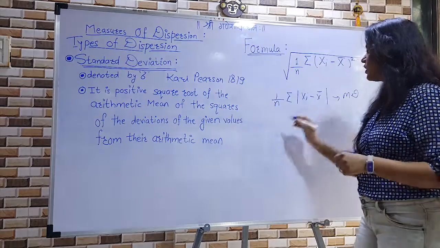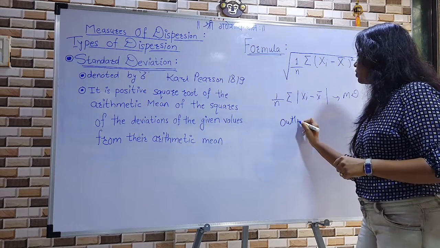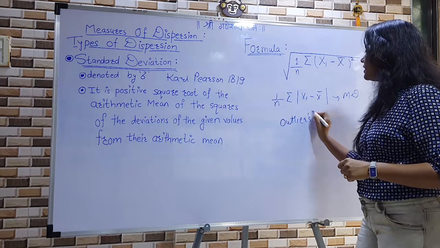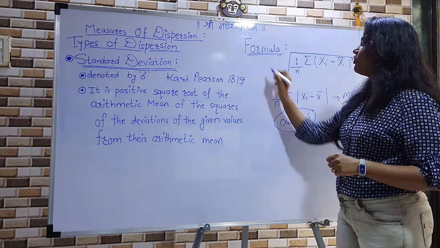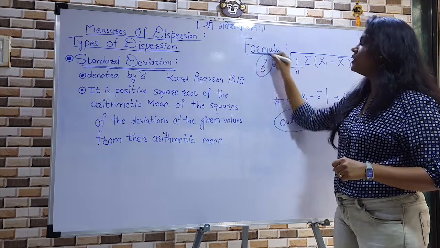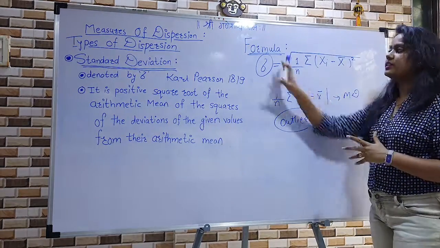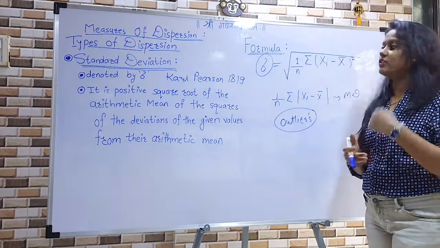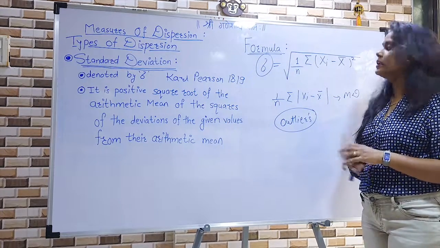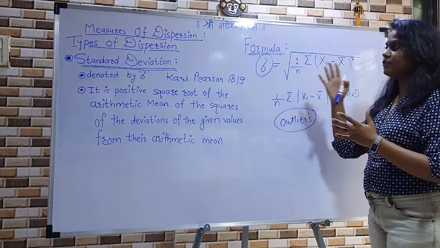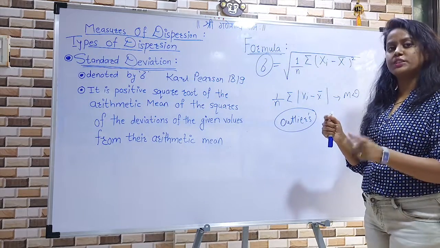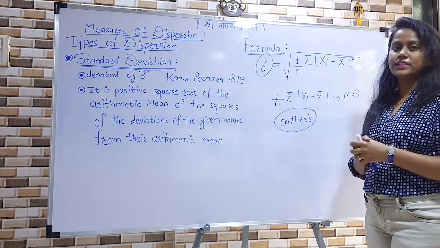What is an extreme value? That means if outliers are there in the data, then it will affect our value of the standard deviation. If outliers are not there, then yes, we can simply go with it, calculate the standard deviation and find out the dispersion, the scatteredness in the data.